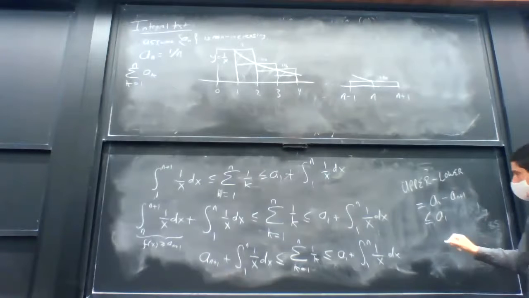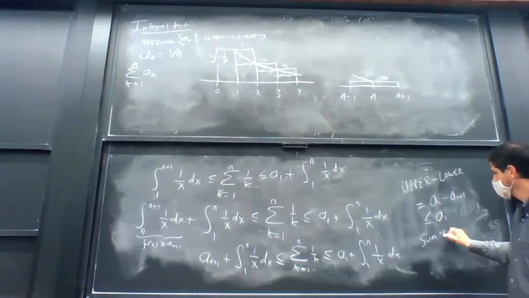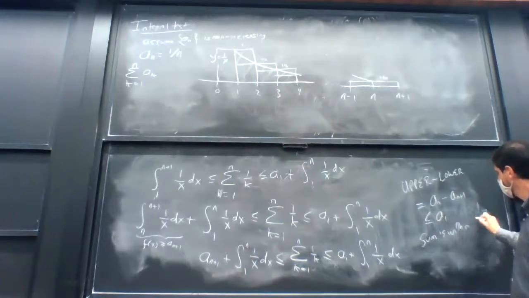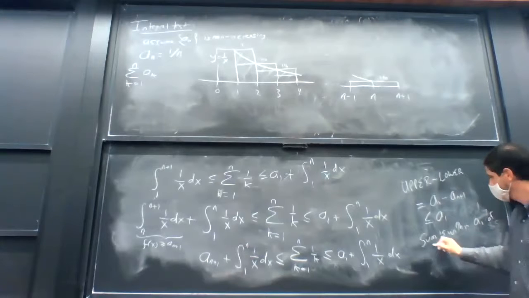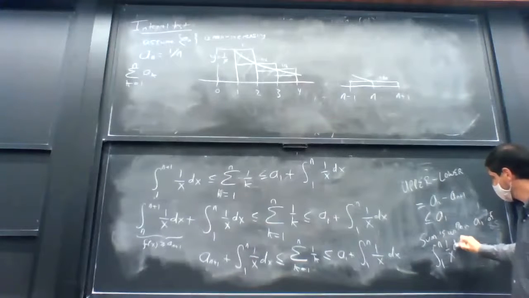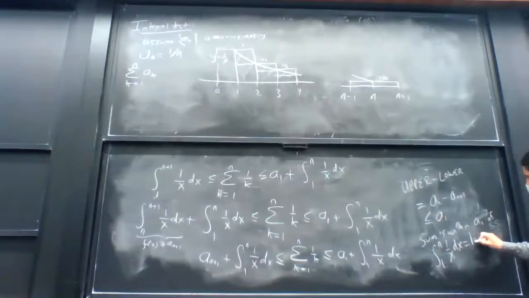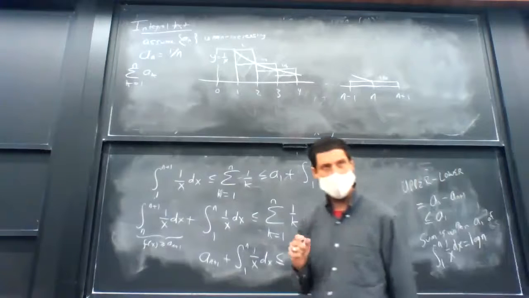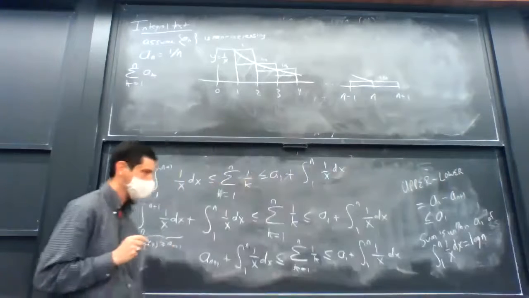So we know that the sum is within a1 of the integral from 1 to n of 1 over x dx, which is just the natural log of x. So we're evaluating that sum to within 1. That is a pretty good evaluation.